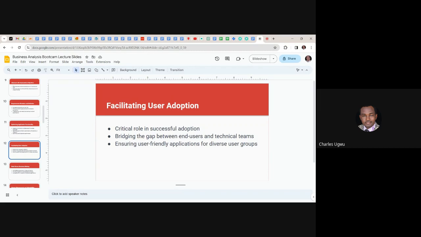All they hear is user stories, acceptance criteria, technical specification, definition of done, definition of ready. What concerns the end user with user story? What is a user story? Some of you here might not know. If you are just joining, you might not know what a user story is.